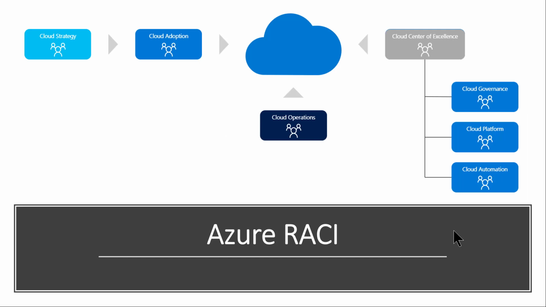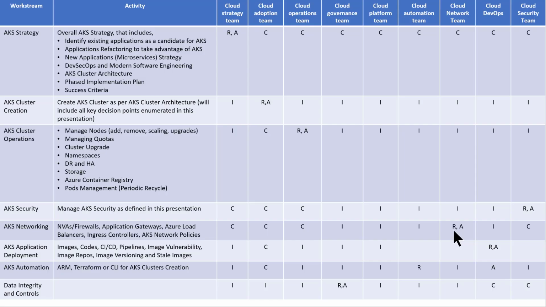Moving forward here, this is a generalized picture of Azure RACI. I'm not going to read it. It's for you to go through. But what is more important is the AKS RACI. Again, this is a busy slide. I have just put a draft here. I'm not going to read everything for you, but if you see here, the different teams like cloud strategy team, cloud adoption team, cloud operations team, cloud governance team, cloud platform team, cloud automation team, cloud network team, cloud DevOps, cloud security.